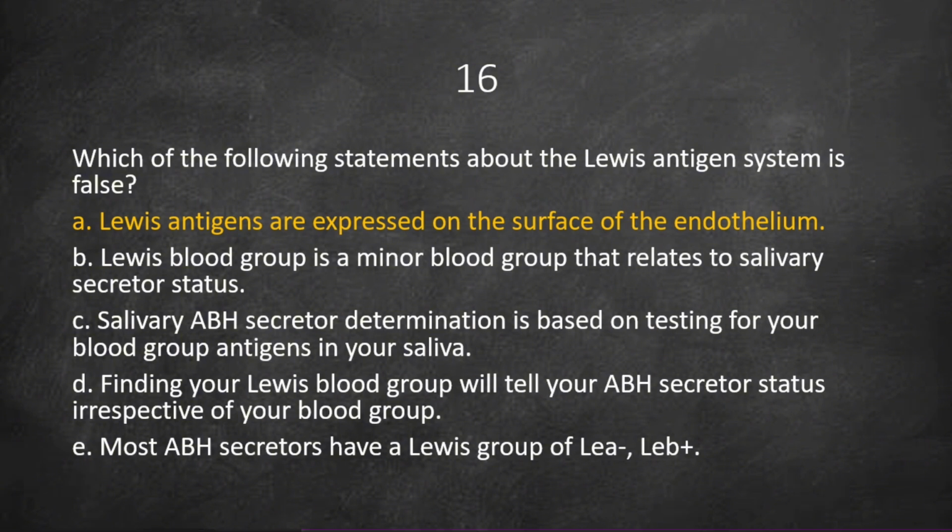Then option E too is true. So most people who are secretors, that is, have the ability to secrete the ABH antigen into body fluids, have the Lewis phenotype of LEA- and LEB+ or positive. Okay, so that's about that for question 16.